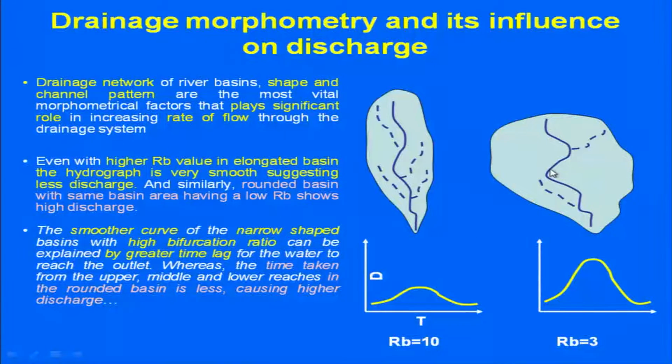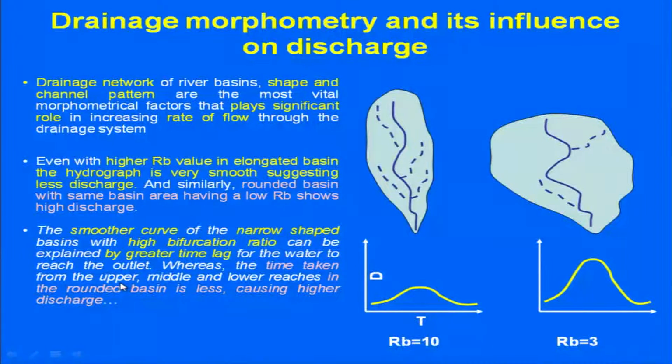So what we are looking at is the shape, the distance and the runoff. The runoff time taken by the water in the elongated basin is higher as compared to the rounded basin.